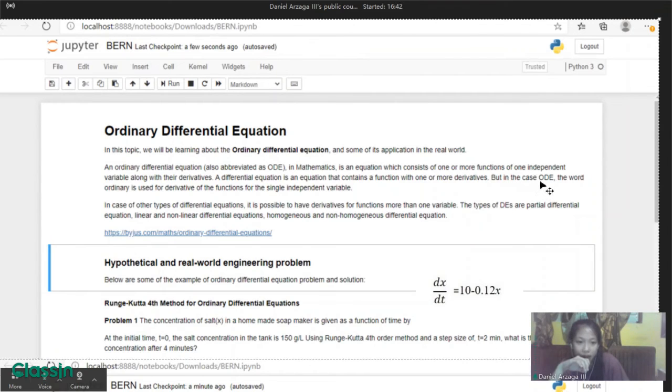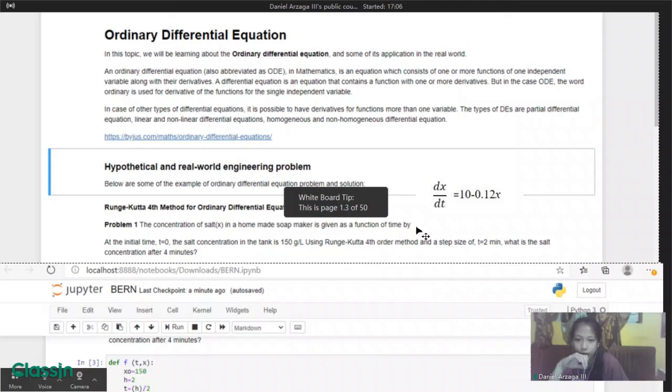But in the case of ODE, the word ordinary is used for derivatives of a function of a single independent variable. In case of other types of differential equations, it is possible to have a derivative of a function of more than one variable. The types of DEs are partial differential equation, linear and nonlinear differential equation, homogeneous and non-homogeneous differential equation.